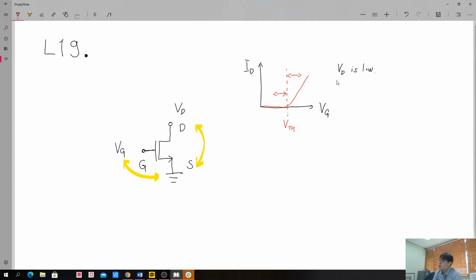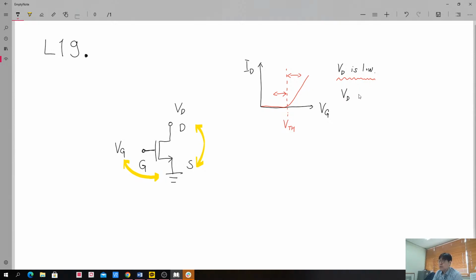So the condition of Vd equal to a small voltage is just to check whether you have a sufficient amount of electrons or not. In actual application, the low Vd condition is usually not used.